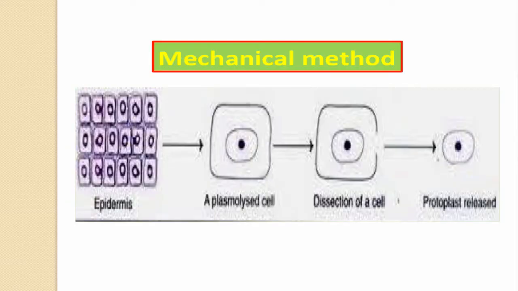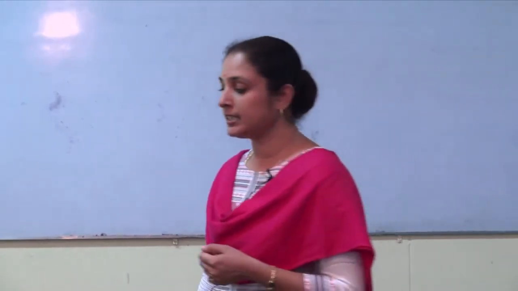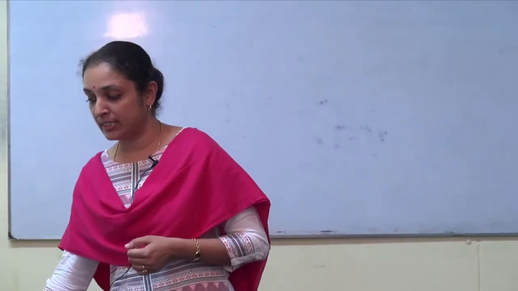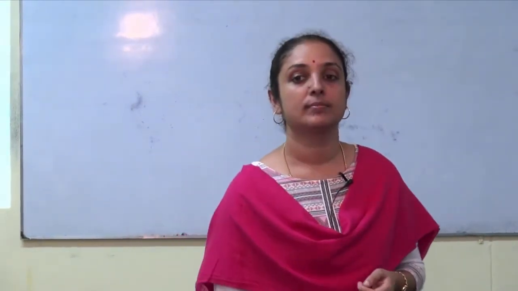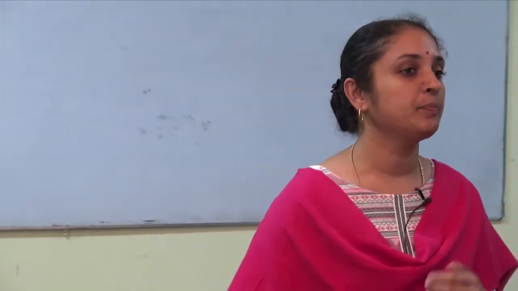Now the mechanical method: I said there is agitation that has to be applied on an explant. What is agitation? Force or any kind of pressure that is applied on an explant. Take an explant, maybe a leaf or stem, and subject it to grinding.